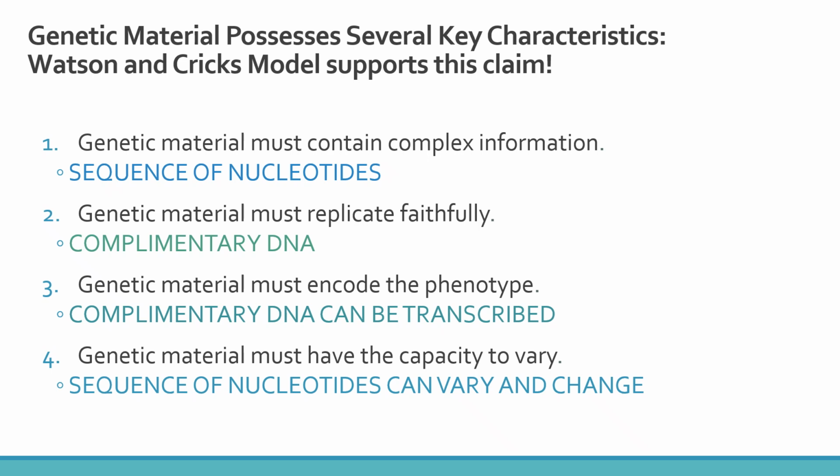So they proposed that the information was contained in the sequence of the nucleotides, the linear sequence top to bottom. They proposed a mechanism very quickly for replication, which was based on complementary DNA pairings: as long as you knew one strand, you could make another strand by just using the first one as a template.